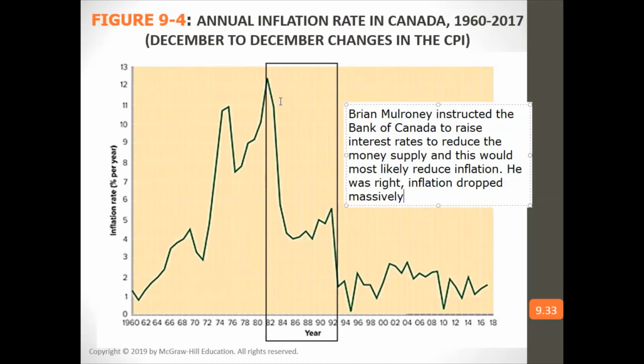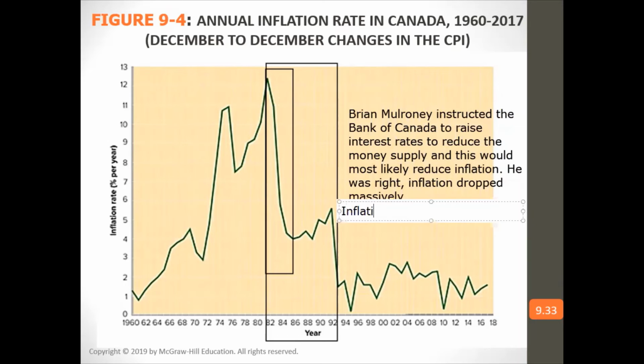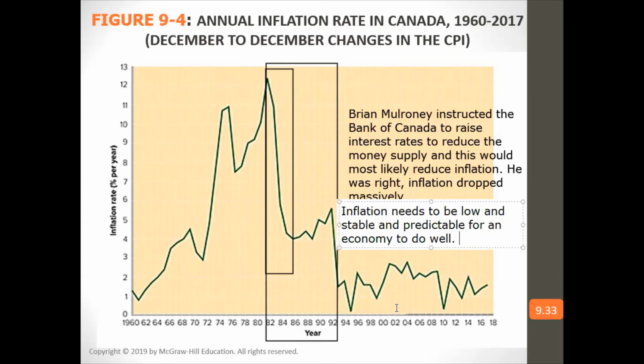This massive drop is a result of higher interest rates reducing the money supply. They needed to do this because inflation needs to be low, stable and predictable for an economy to do well. So he was successful in doing that.